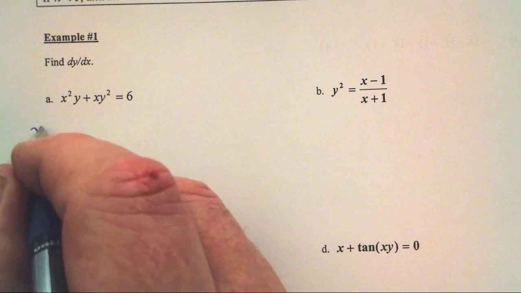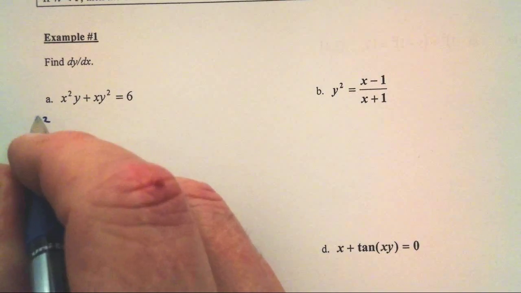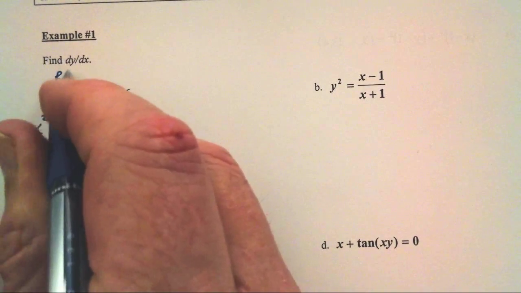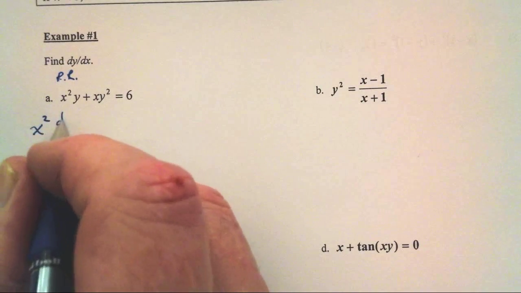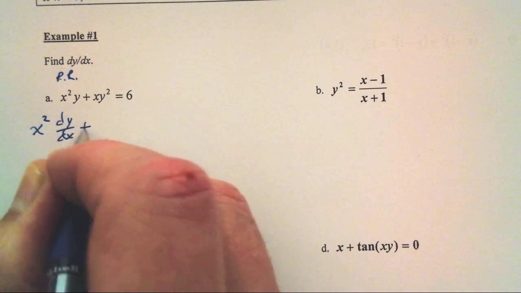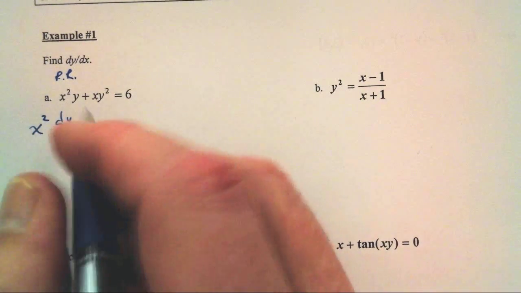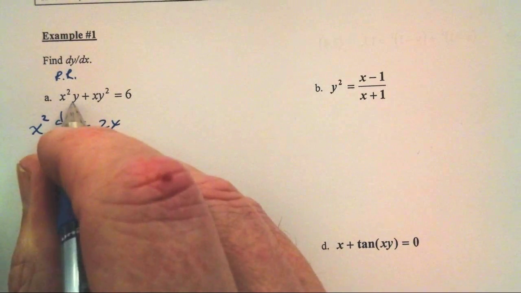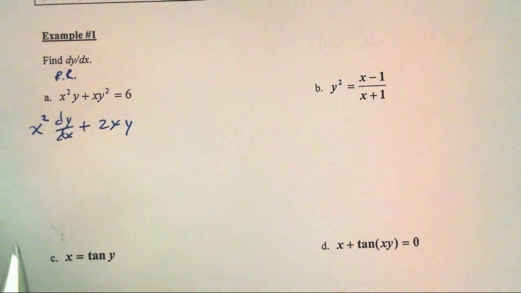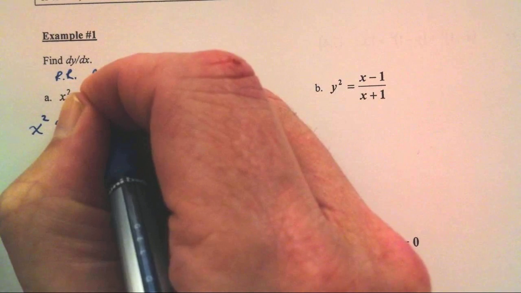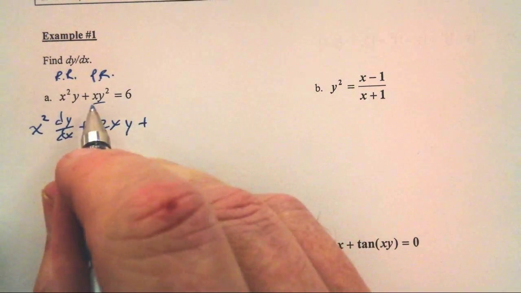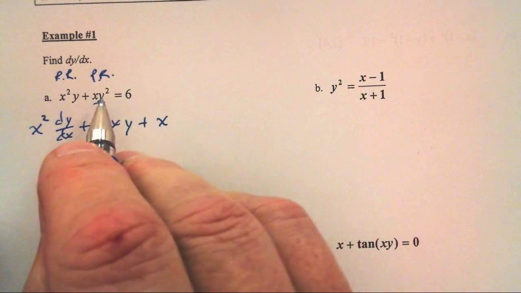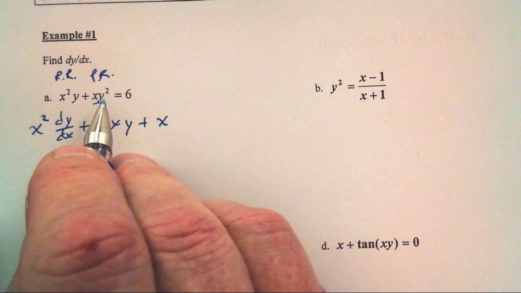I want x squared, this is product rule, times the derivative of y with respect to x, well that's just dy dx, plus the derivative of the first factor, 2x, times the plain old second factor, y. Now product rule, this guy, plus all of plain old x times the derivative of y squared with respect to x.